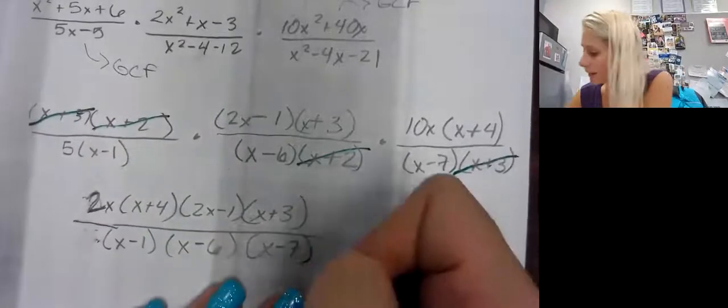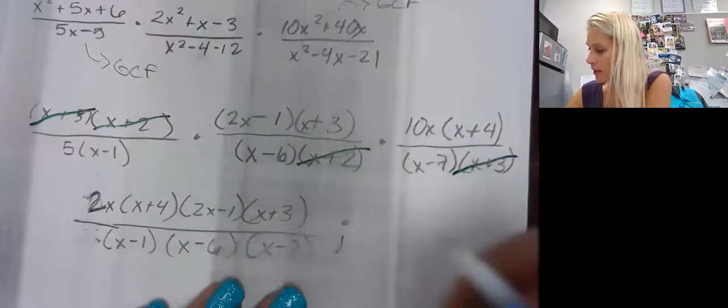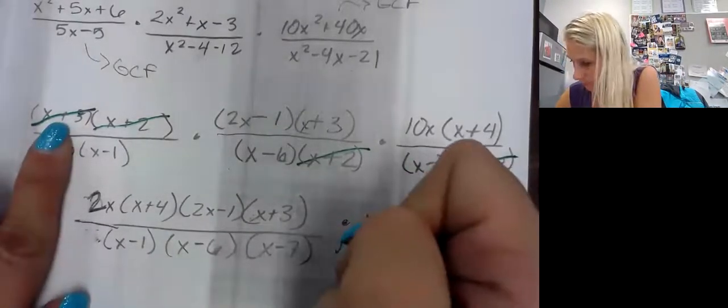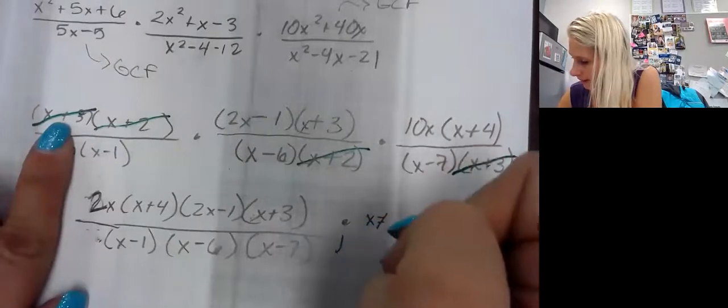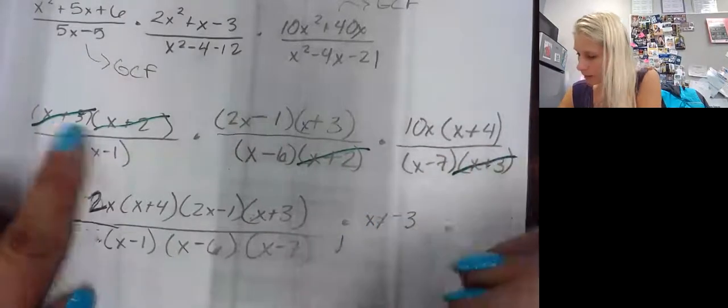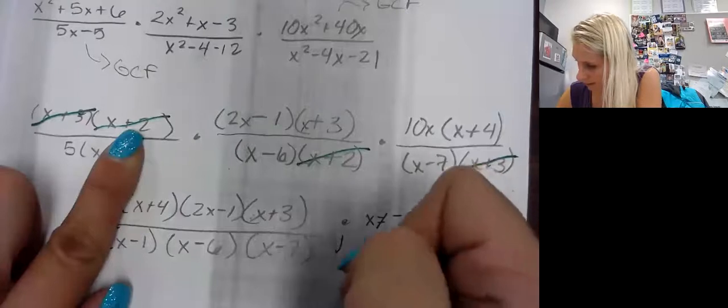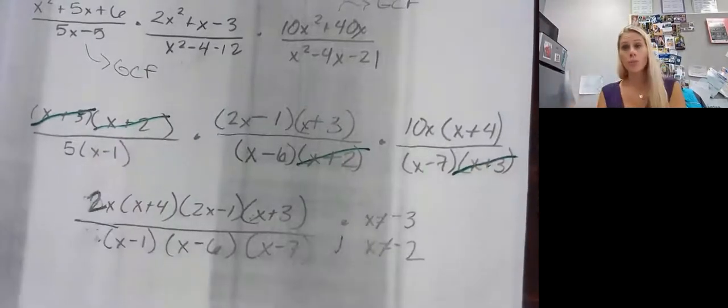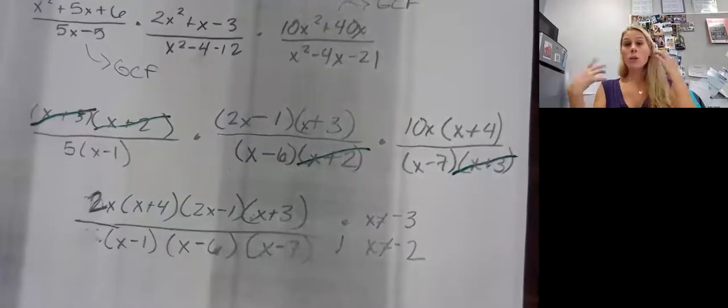And then what do we have to add on to this? We have to add on what we crossed out. What makes this 0? So x cannot equal -3. What can that not equal? -2. Okay, so we are all set to do some practice with big ideas.